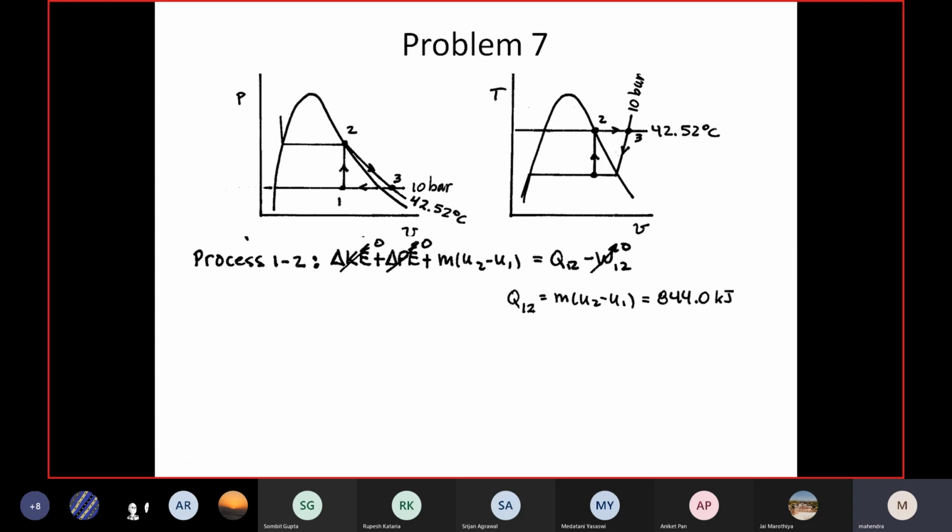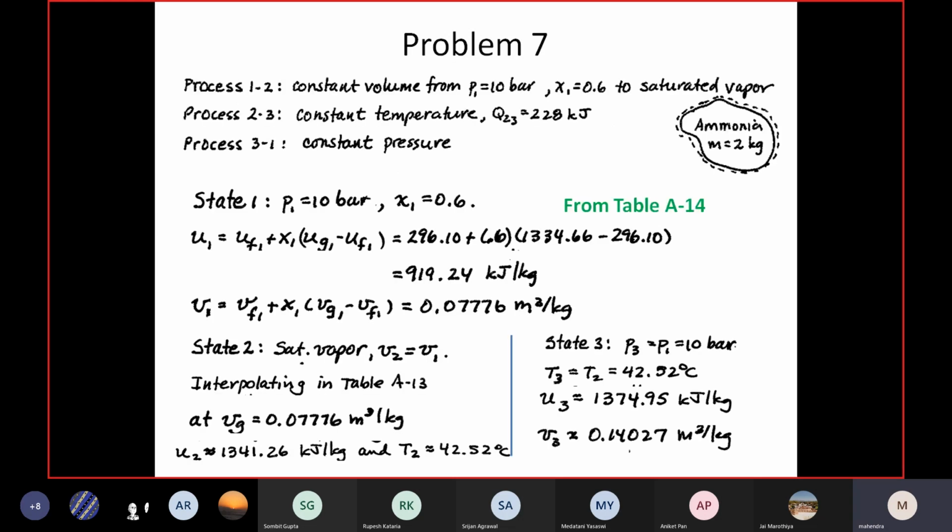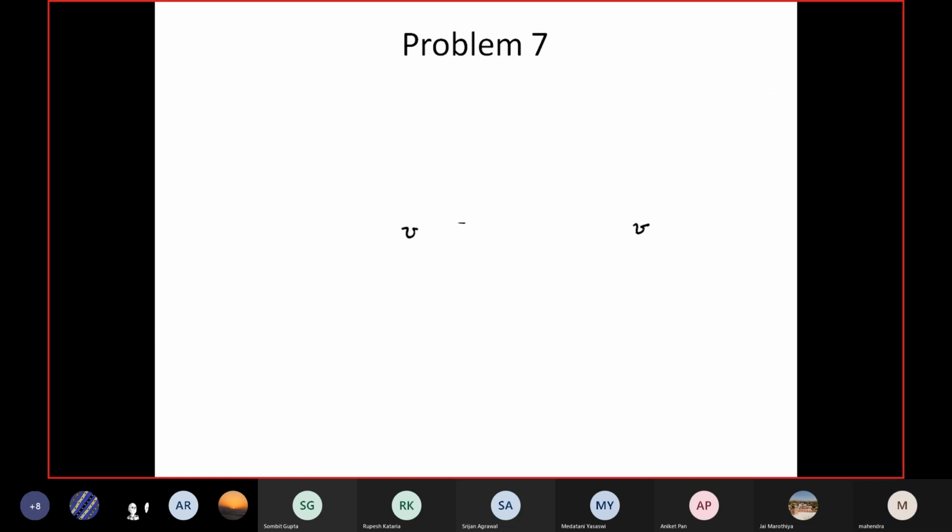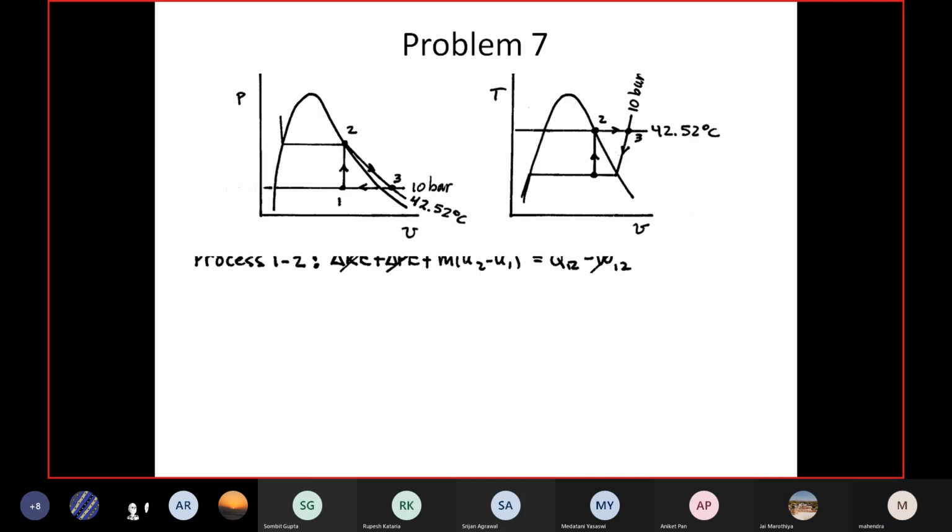So for all the states in our previous slides, we have calculated internal energies and specific heats. So we are substituting all of them into the first law of thermodynamics, the energy equation we can call it, for each process.